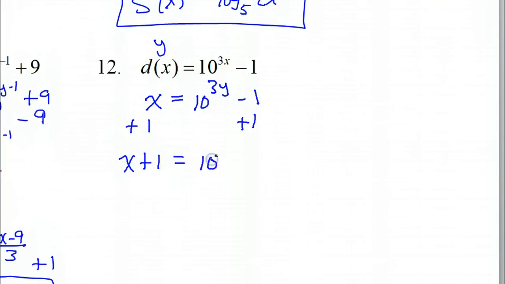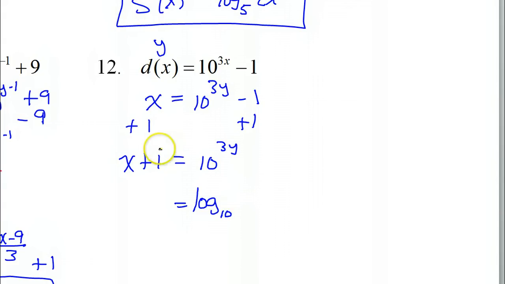Well, once I have the base and the power, I can rewrite it in the other form, starting with the base. So this would be log base 10, whoops, I almost put 3y. The x plus 1 and the 3y are going to switch places.